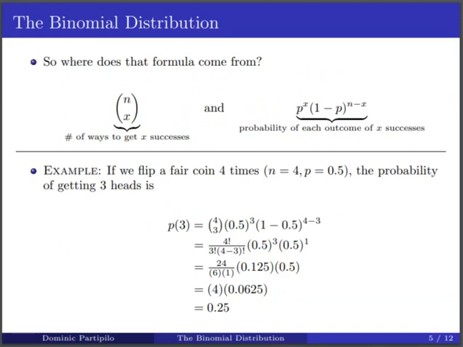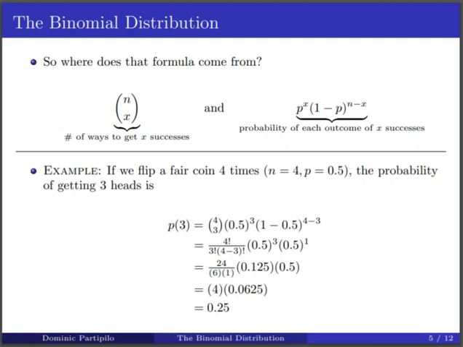All right, so where in the world does this formula even come from? Well, there are two main parts to this. The first part is the n choose x part of it. And this is just the number of ways to get x successes. So remember in the previous video, we had the example where we flipped a coin twice and we were observing the number of heads.